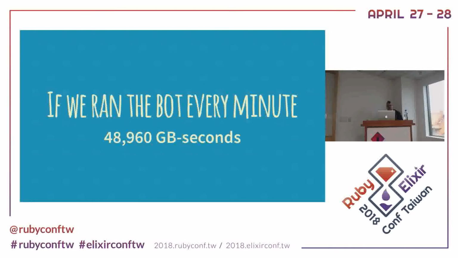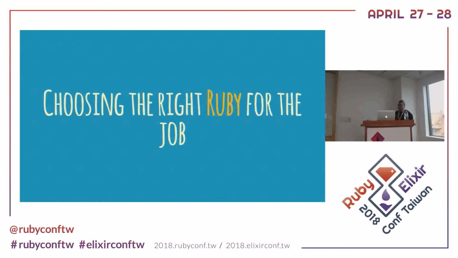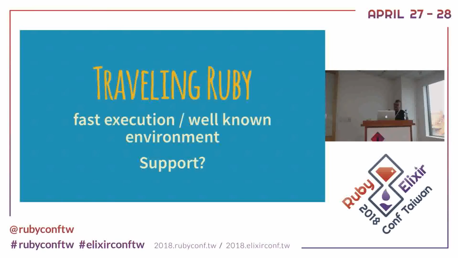So, choosing the right Ruby for the job. Traveling Ruby has fast execution and a well-known environment. And a well-known environment is really important because I could write my code and run it with normal Ruby, with MRI, and it's the same. I didn't have to change anything. The problem is its support.